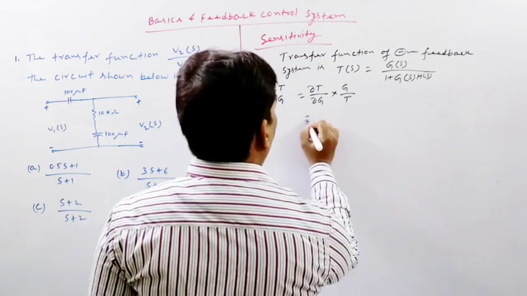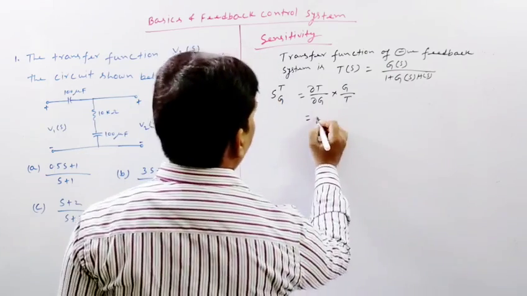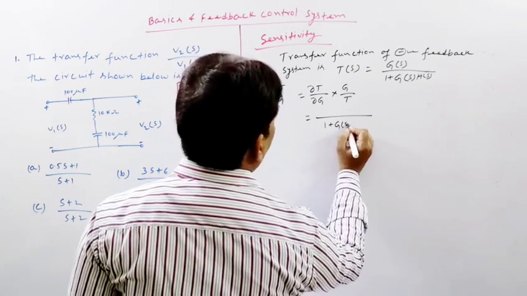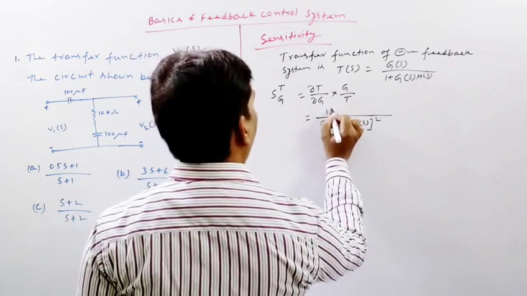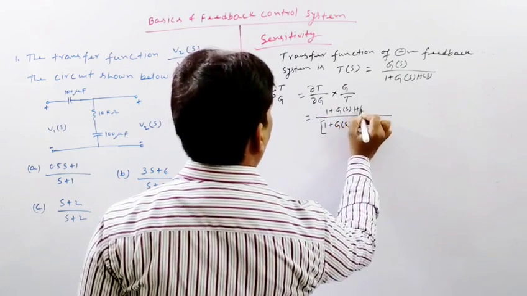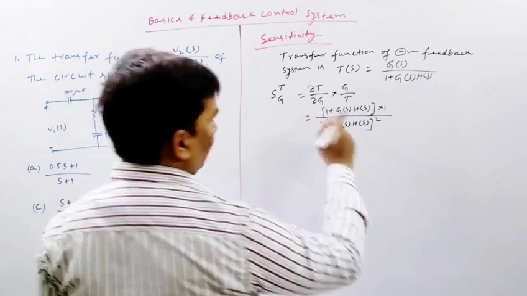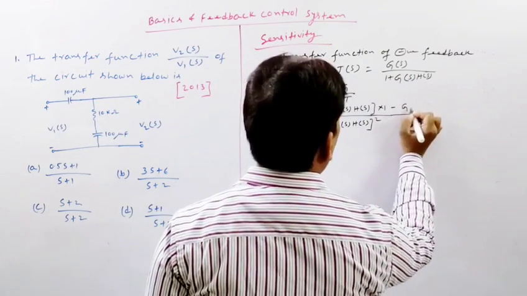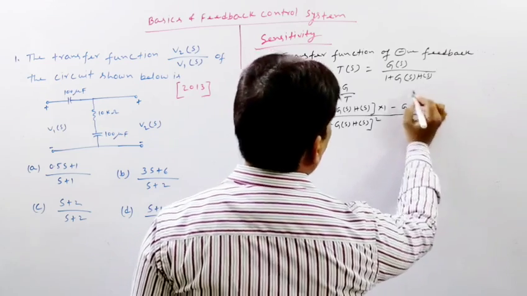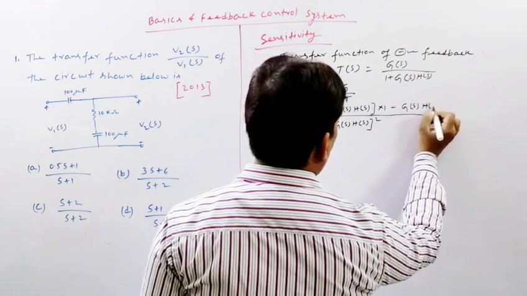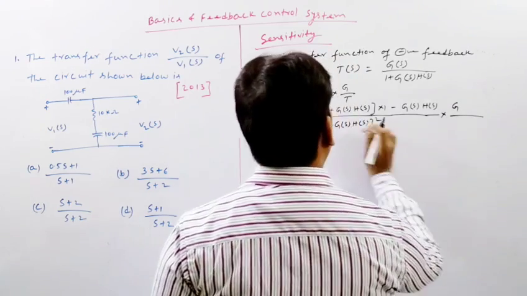If we partially differentiate T with respect to G, then it will come (1 + G(s)H(s)) whole square in the denominator. In the numerator, (1 + G(s)H(s)) multiplied by 1, because if we differentiate G(s) by G(s), it will be 1, minus G(s) multiplied by the differentiation of the denominator, which with respect to G(s) will be H(s), multiplied by G/T.